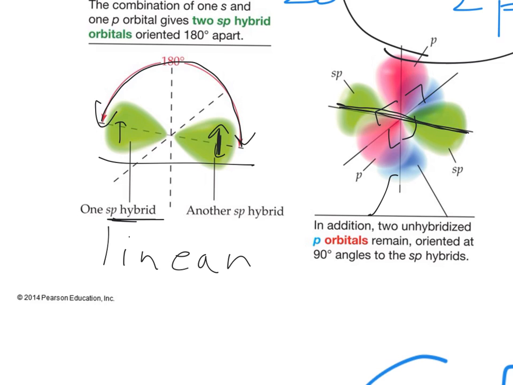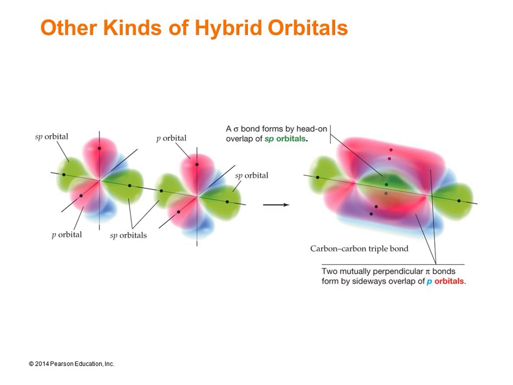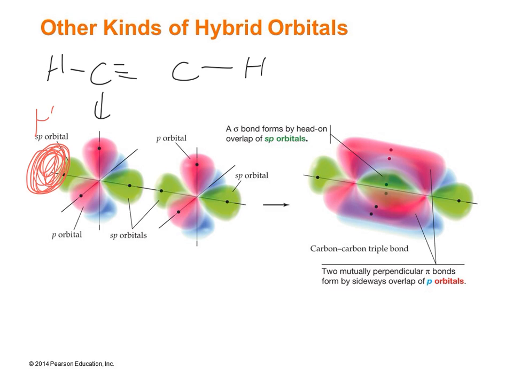And that's going to produce a molecular shape for ethyne that looks like this. So we've got my carbon over here forming a triple bond with another carbon that's forming a single bond with a hydrogen. So if we look at this carbon right here, it's got that sp hybrid orbital that's going to overlap with my hydrogen to form a sigma bond.